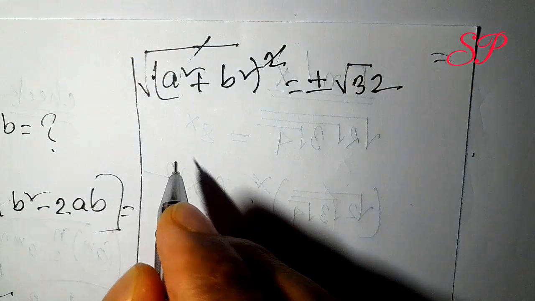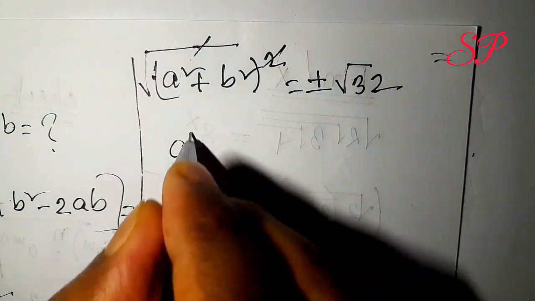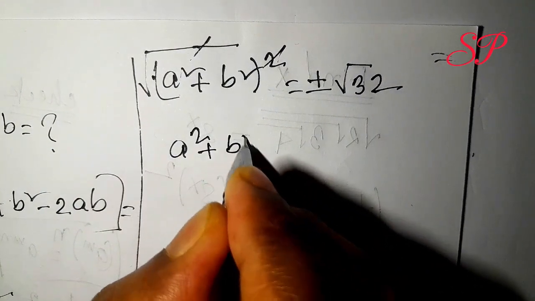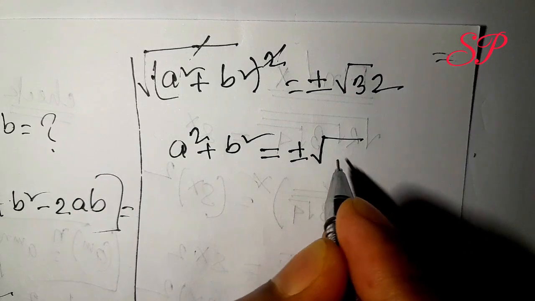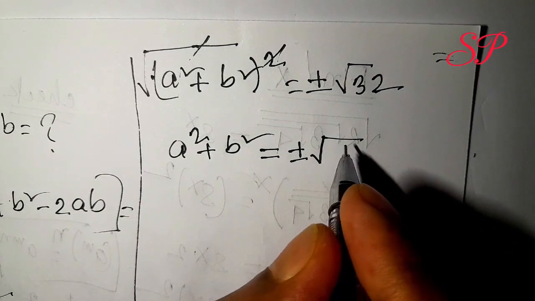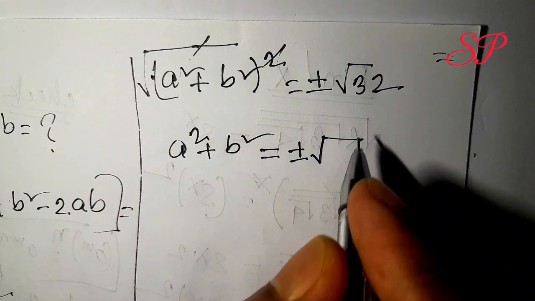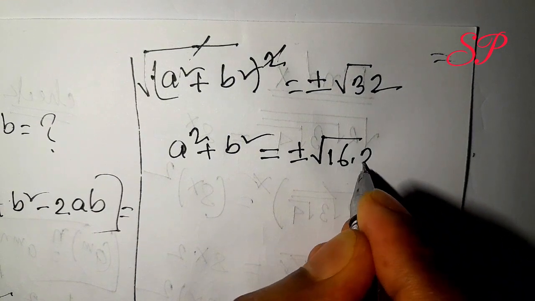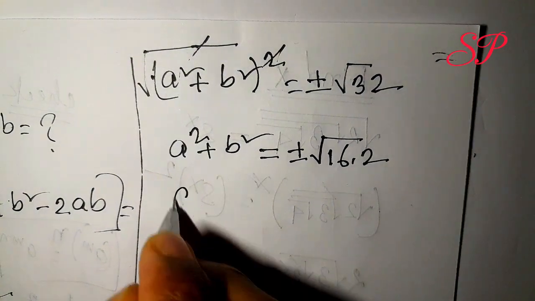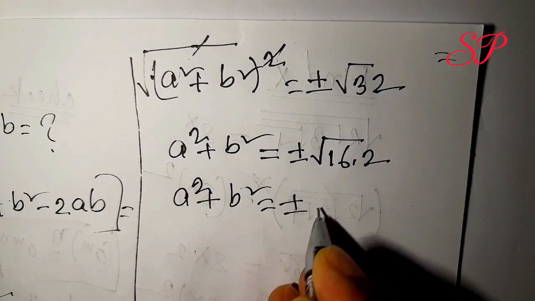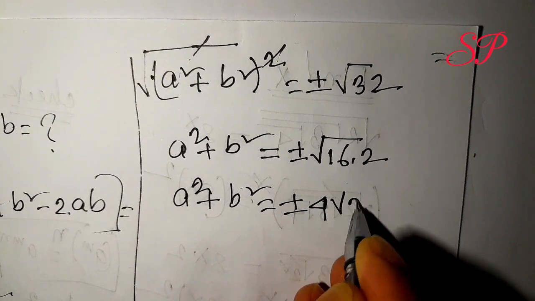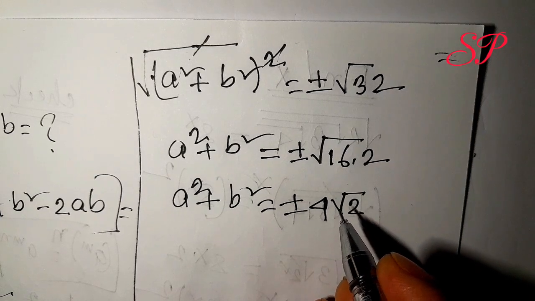Here square and root cancel, and a square plus b square is equal to plus minus root of 16 into 2. So a square plus b square is equal to plus minus 4 root 2.